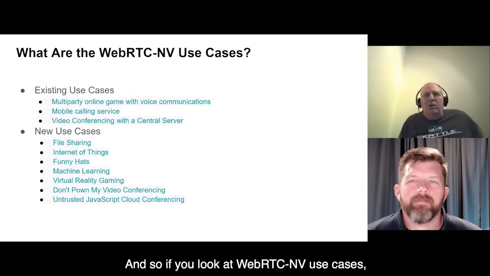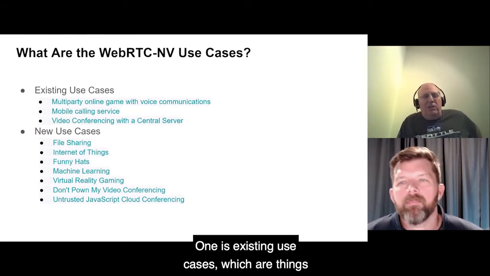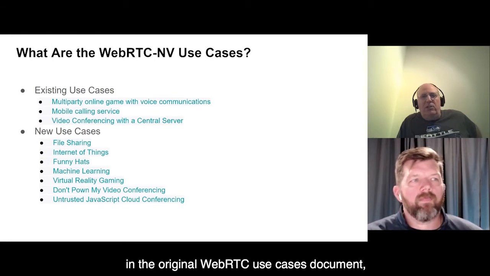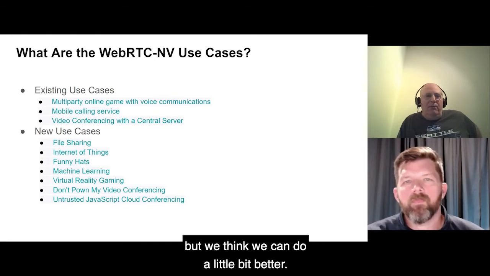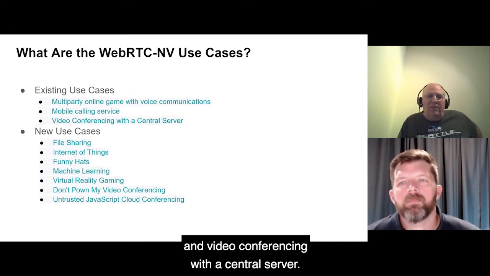And so if you look at WebRTC-NV use cases, you'll see two categories of use cases. One is existing use cases, which are things that were articulated in the original WebRTC use cases document, but we think we can do a little bit better. So those are things like multi-party online gaming, a mobile calling service, and video conferencing with a central server.